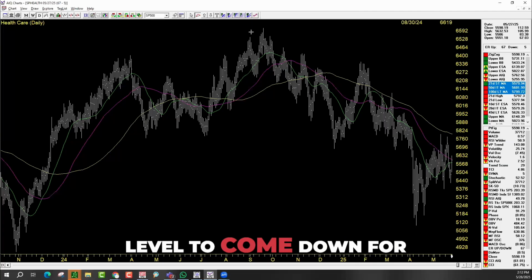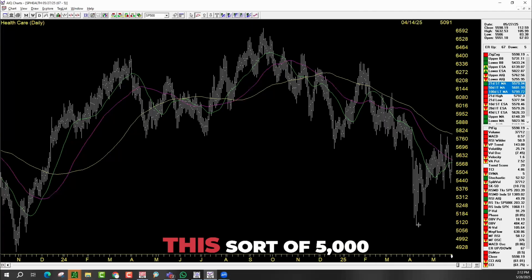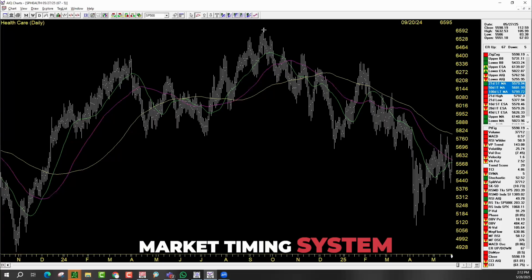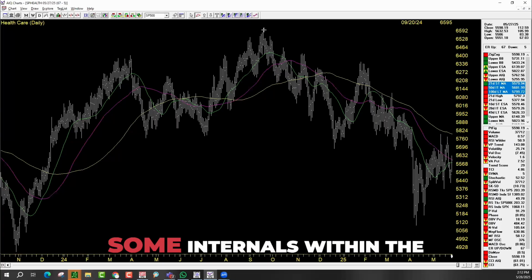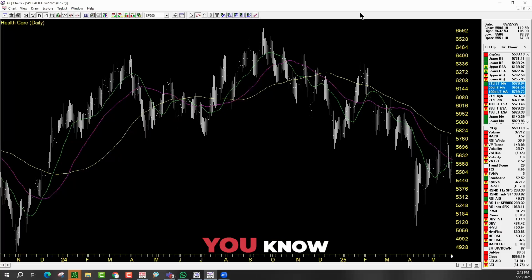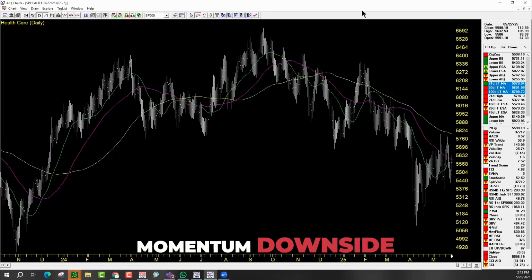That's quite a high level to come down from, getting down to this 5,000 level from 6,500 up here. Given that we know there is a negative signal on the market from our market timing system, and that there are some internals within the market looking a little weak, we could be looking in the health sector, because this sector seems to have the greatest momentum downside.